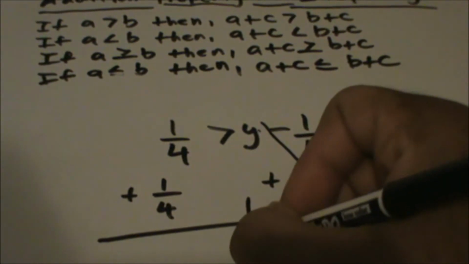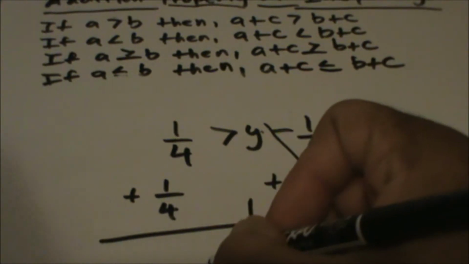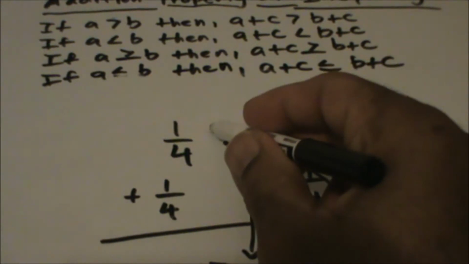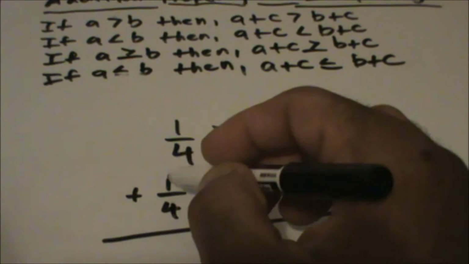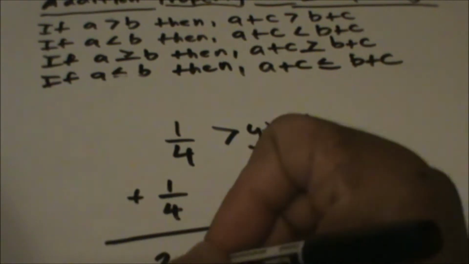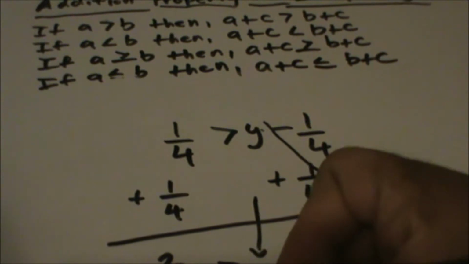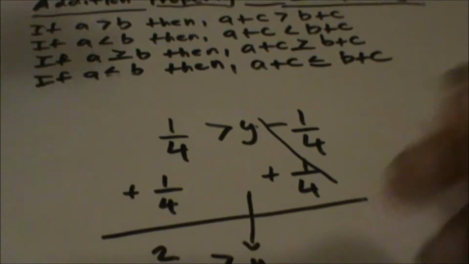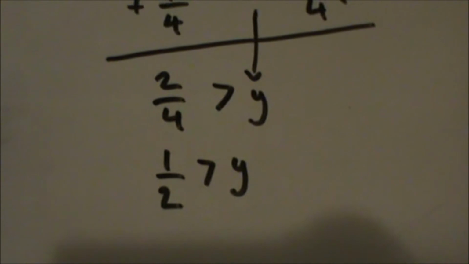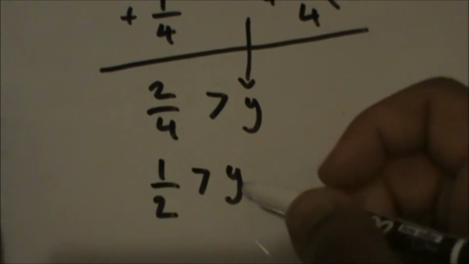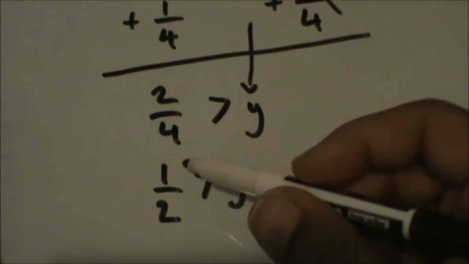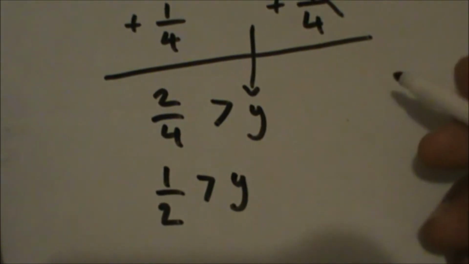Bring down your y. That is greater than 1/4 plus 1/4, which is 2/4, reduced to 1/2. 1/2 is greater than y. So y is any number that 1/2 is greater than.